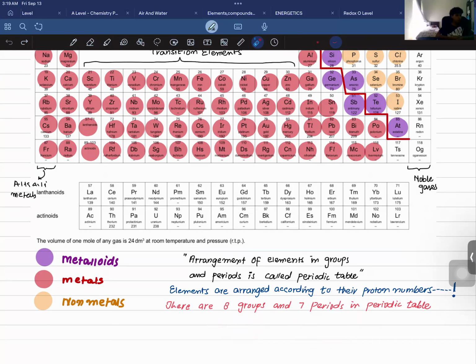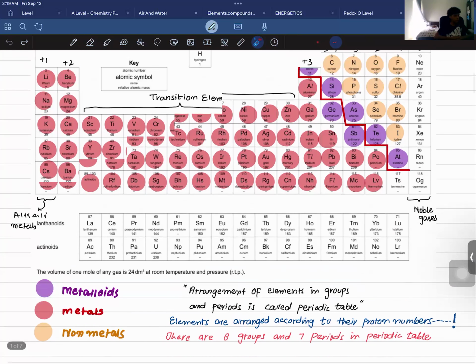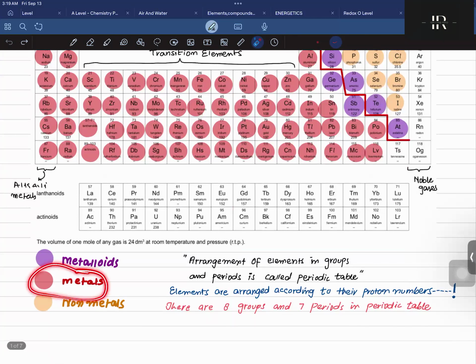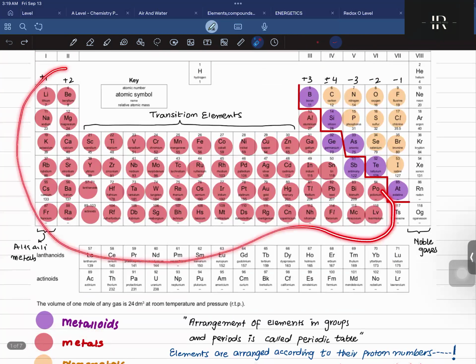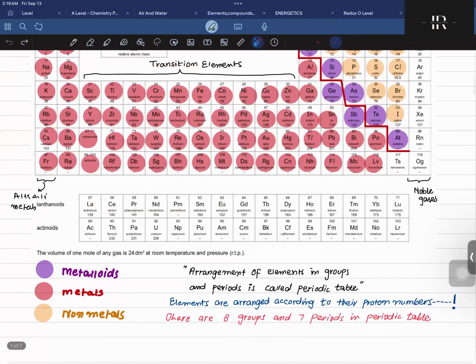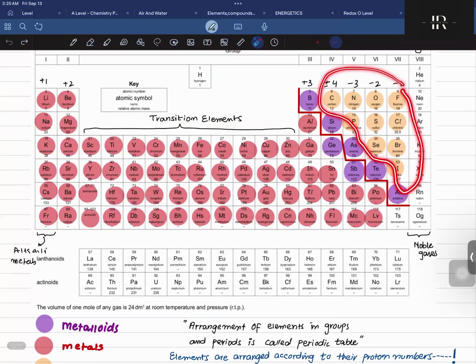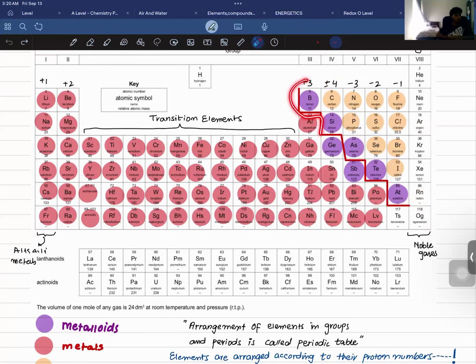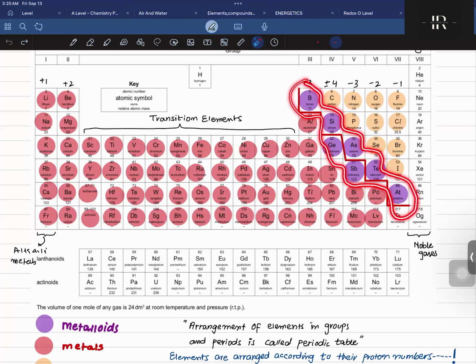And if you can see the colors, this is a metal, so these all are metals. And this is a non-metal, and they are metalloids. They are metalloids on the stairs, up and below the stairs.